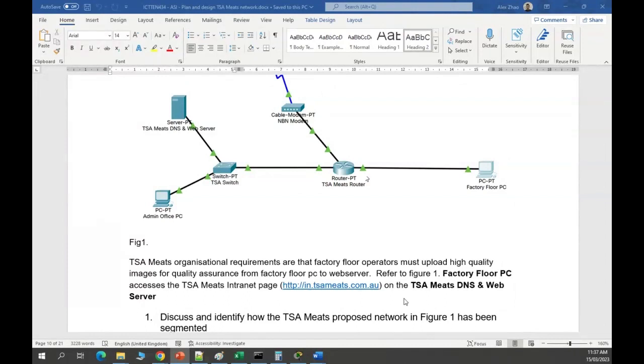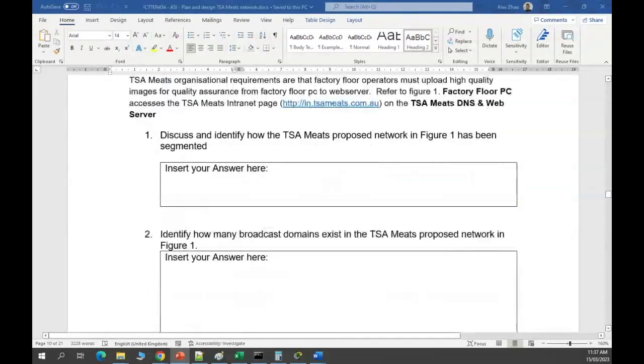No. Let's answer my question first, okay? Besides this, which device is separating it? The router. We just discussed that, didn't we? How is it separated? Well, the router is connecting the different networks together. Each interface is a different network, and the router is the device that's segmenting the networks, isn't it?